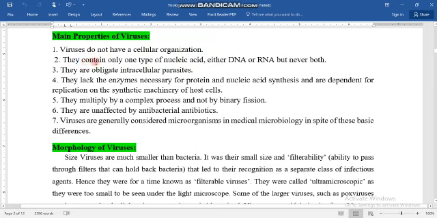The second important thing is that viruses contain nucleic acid, but the nucleic acid may be DNA or RNA, not both at a time. As we discuss higher organisms, for example bacteria, humans, plants and other animals, they contain both DNA as well as RNA, three types of RNA: transfer RNA, messenger RNA and ribosomal RNA.